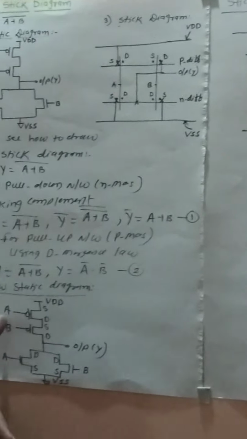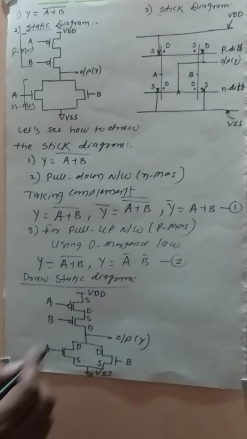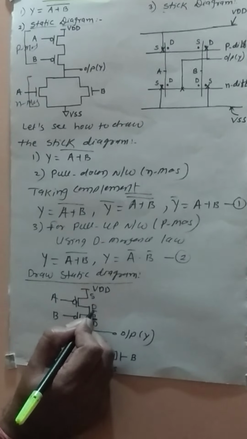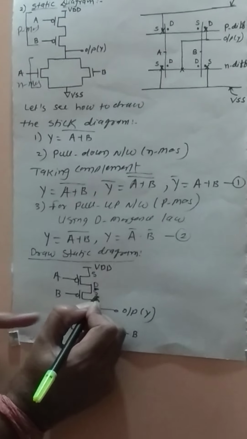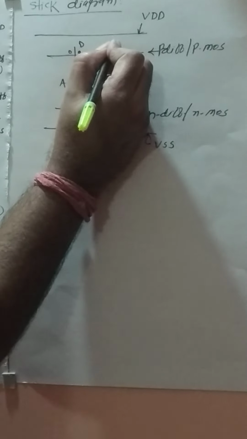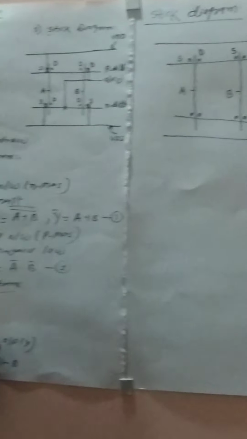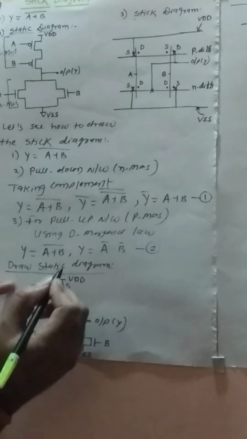So from the static diagram, the source of A and drain of B, or the drain of A and source of B, is common. So I write drain of A here and source of B here, which is the common connection we can see on the same line. So this is the source of A. Now source of A is connected to VDD.